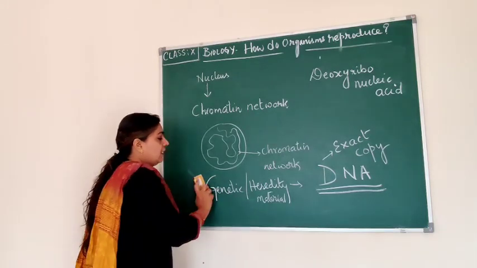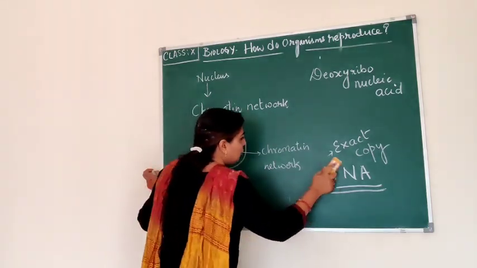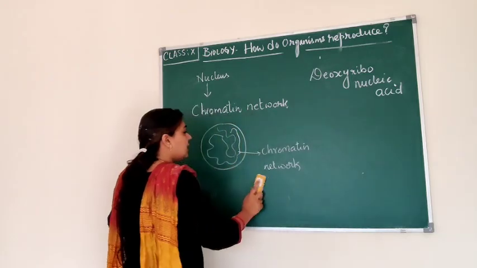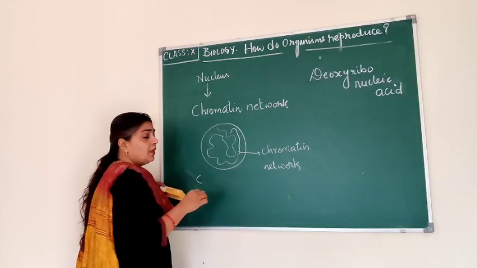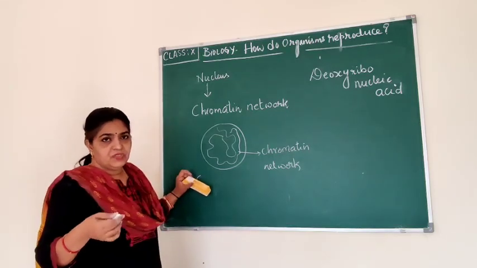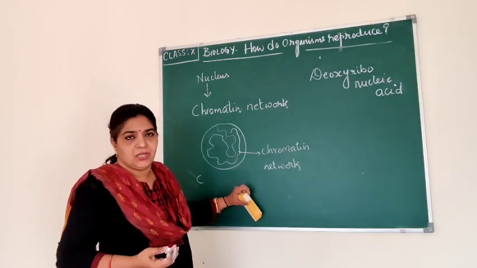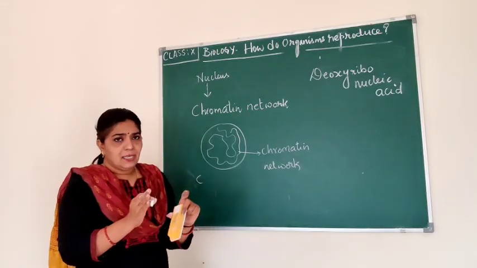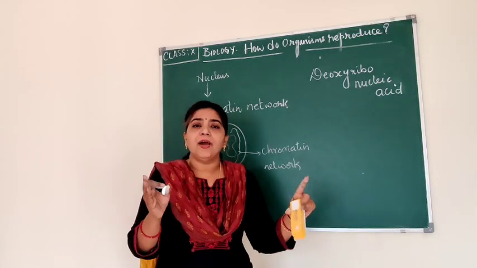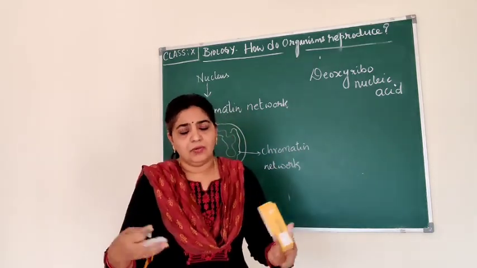So I just try to make you understand here the chromatin network when the cell is about to divide. See, we see cell division in our body. Cell division means what? One cell is there, it divides and forms two cells.